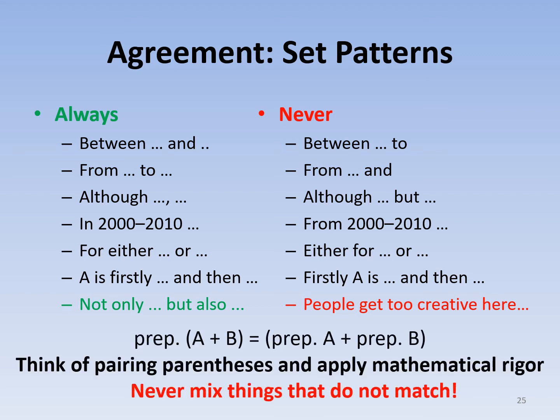You need to be very mathematical here. For example, if you have a preposition working for different parts, and if you extract this part out, you can do this, or alternatively, you can do that, and you should not mix and match. Make sure you have all the set patterns correct.